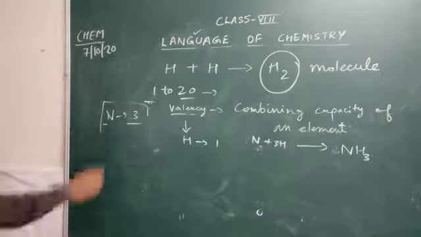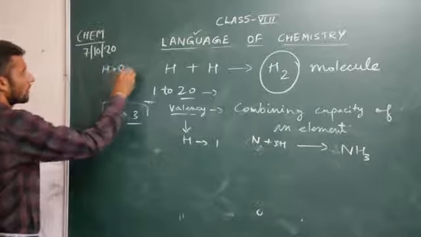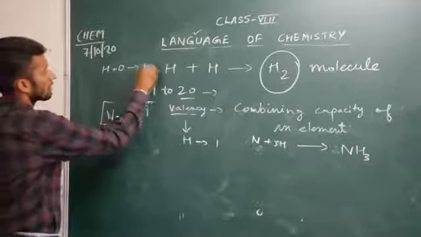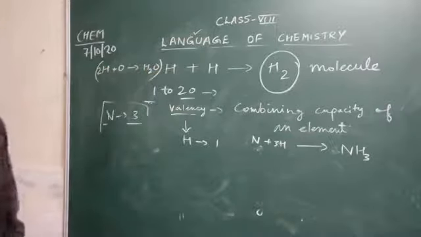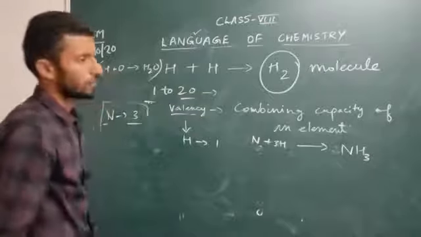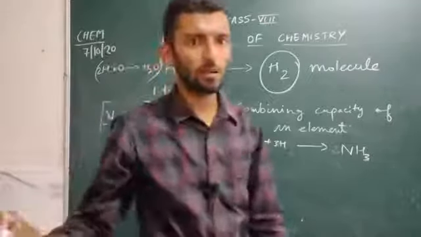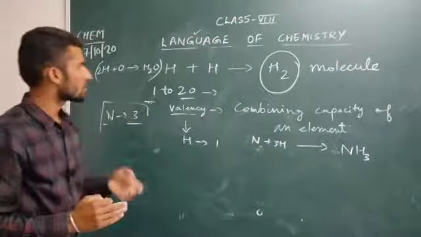Clear? Similarly oxygen, when it combines with hydrogen, there is formation of water, so that gives you the valency of oxygen here. So that is with respect to hydrogen only. This particular topic of valency I am now explaining only with respect to hydrogen.